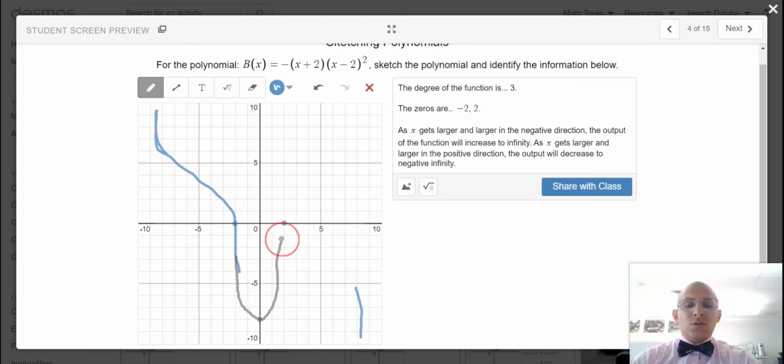However, if we continue through our second x-intercept at x equals 2, notice, even though our end behavior is supposed to finish at negative infinity, I am now on the opposite side of the x-axis, which I cannot pass back through without an x-intercept.